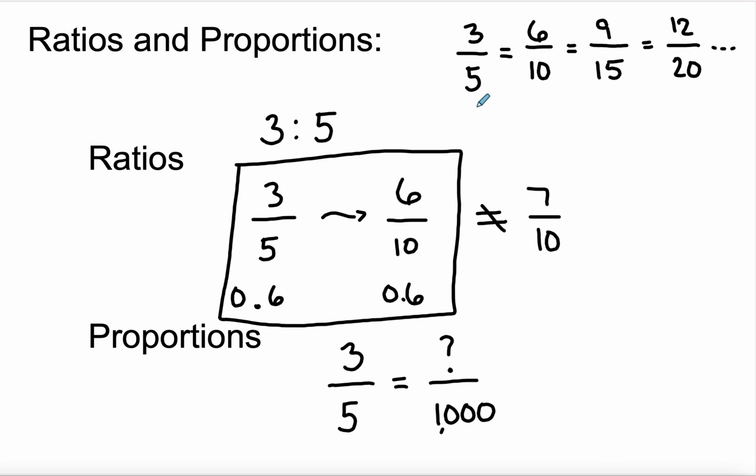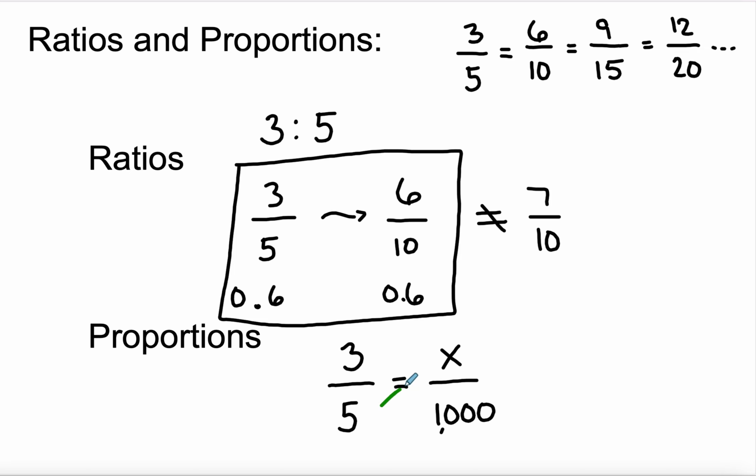Instead of continuing this list on and on until we get to 1,000, we actually learn this technique called cross multiplying. And so I won't write a question mark there. I'll actually just write this x, and x means some number that we don't know yet.